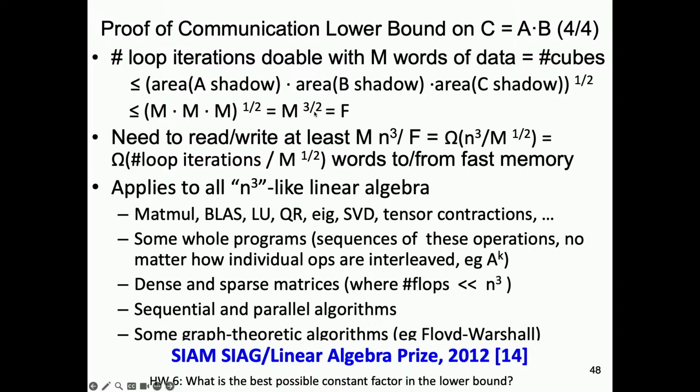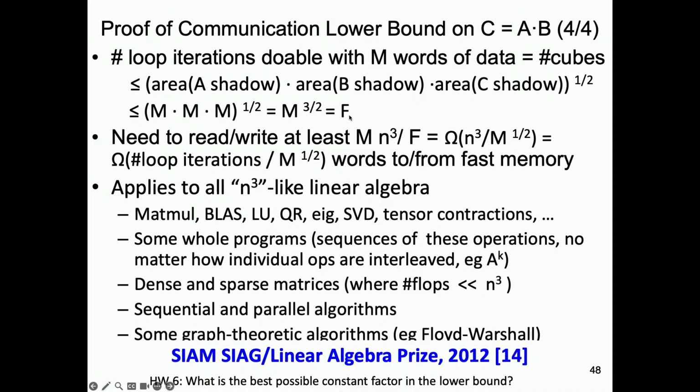So I'm using M to the 3/2 as my upper bound on how much useful work I can do. I can't quite do that much, because obviously 3M is too big to fit in cache, so it has to be a little smaller. So there's a different constant there. But this is still basically how much useful work I can do.